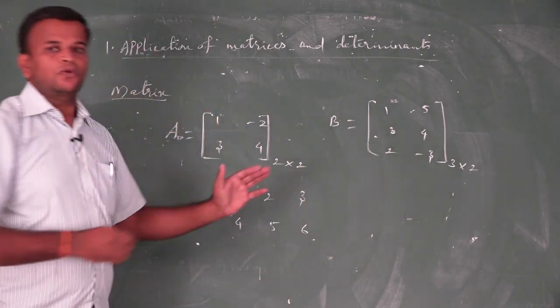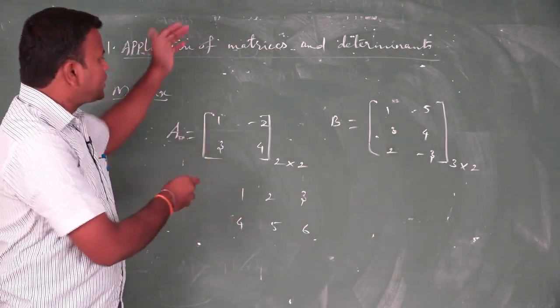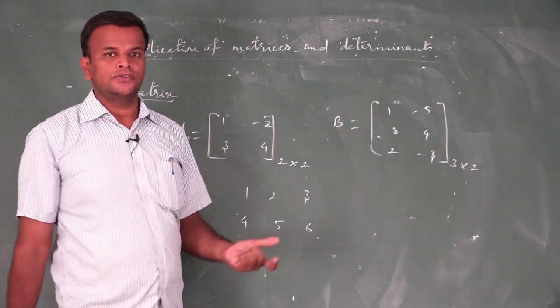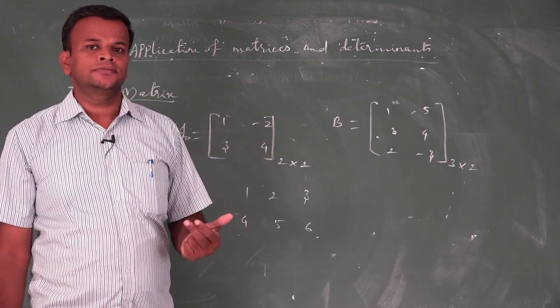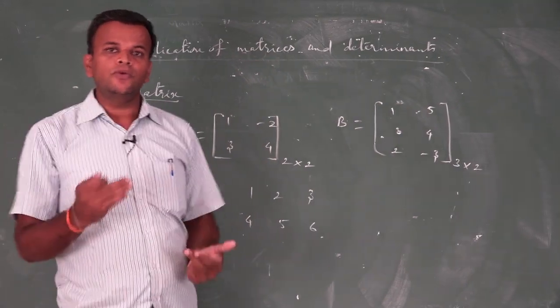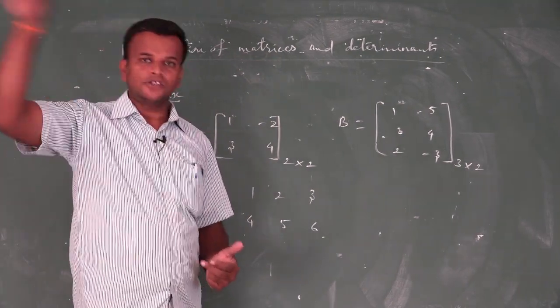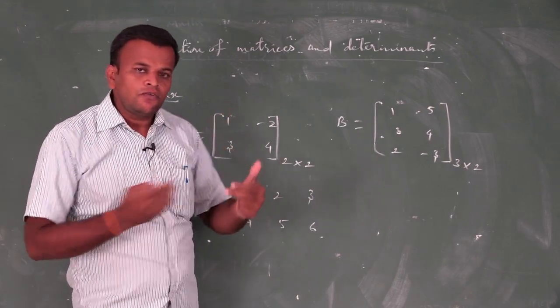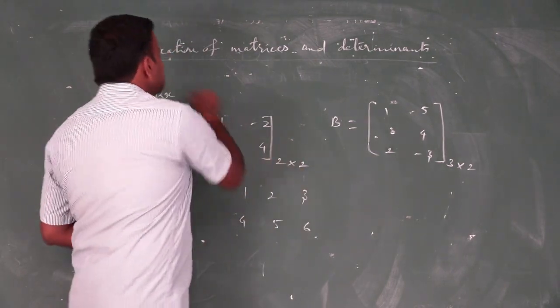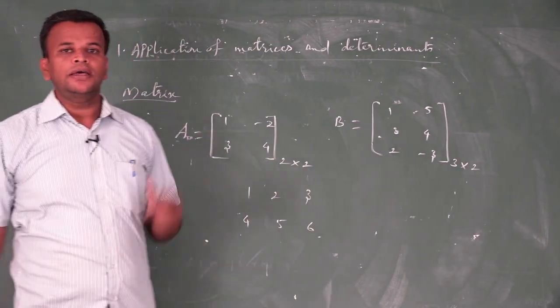That's why the matrix is important in our real life also. Or we arrange persons by height. The tallest persons are seated in the last row, and the smallest heights are arranged in the first row. So in this case also, the matrix is important in our real life.